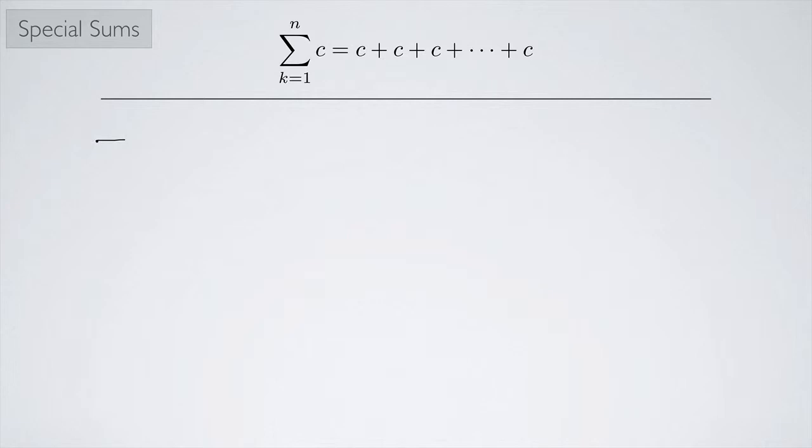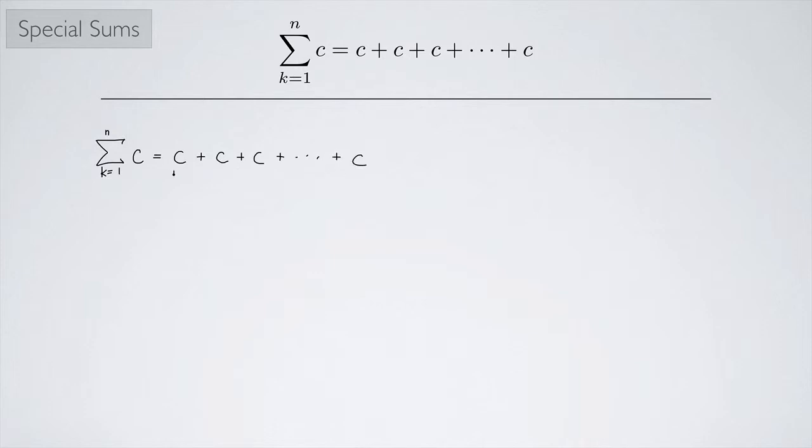This is a pretty simple sum. This is the sum that goes from k equals 1, that's where you start, up to n, that's where you stop, of a constant, and this n is some positive integer here. So this would look like just a bunch of constants added together, like you can see up above. And the dot dot dot means keep going up until the last one.